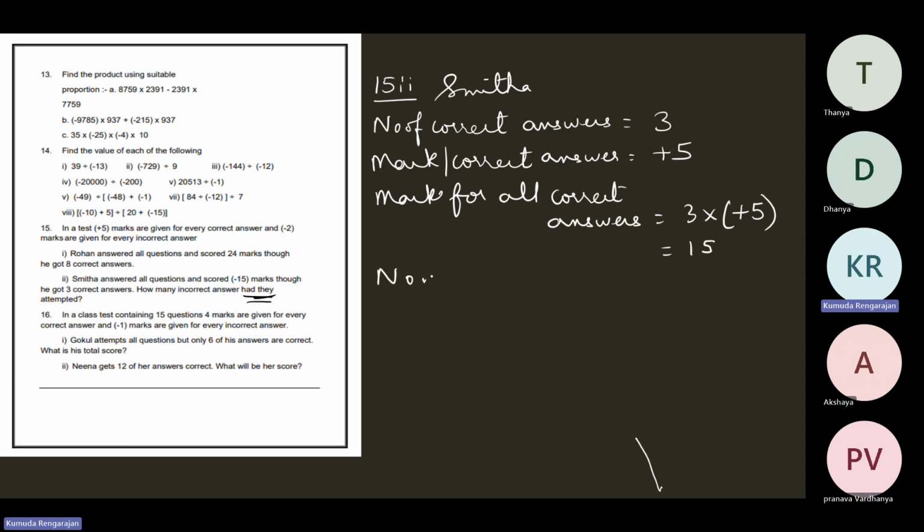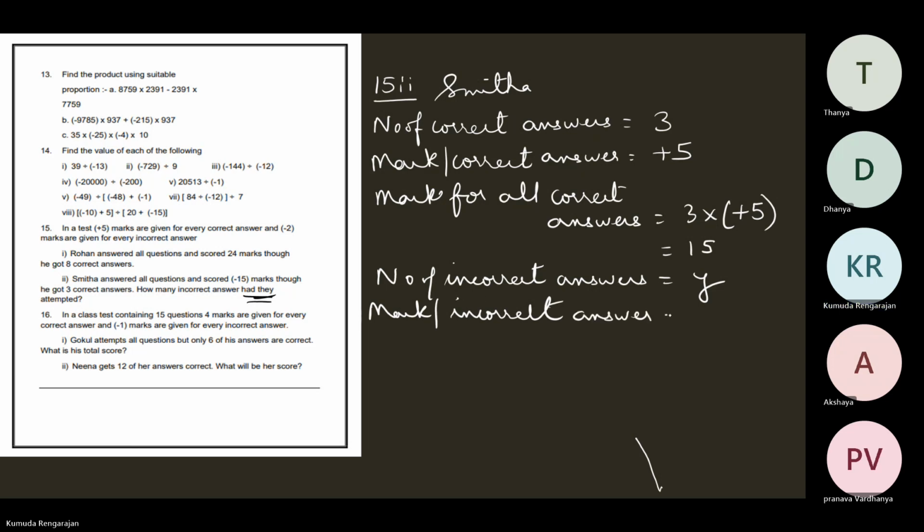So, number of incorrect answers, it's not given. So, we'll take it as y. We don't know. Mark per incorrect answer? It's given in the question. What's the mark for every incorrect answer?